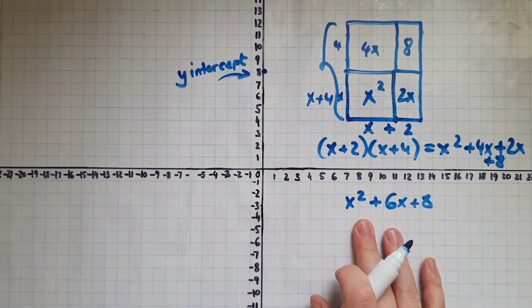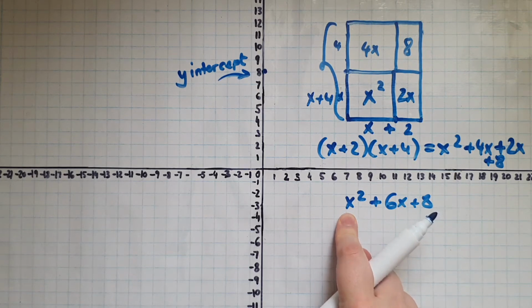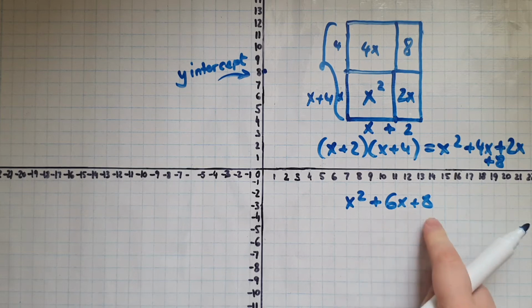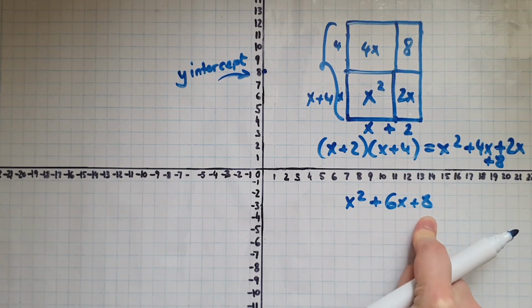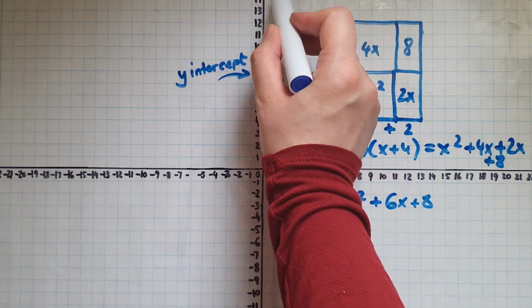Then when x is 1, we get 1 times 1 is 1, plus 6 times 1, which is 6, plus 8. So 1 plus 6 is 7, plus 8 is 15. So 1, 15, so this is going to go up here.